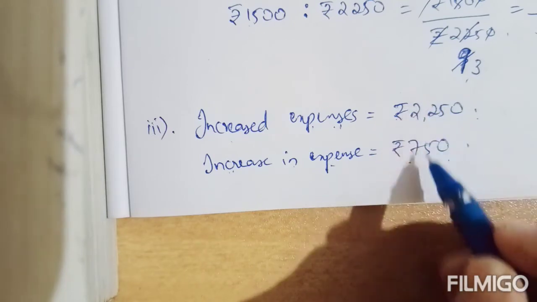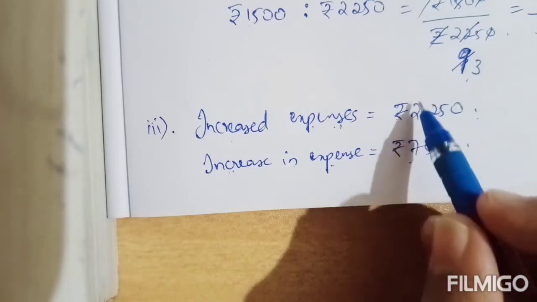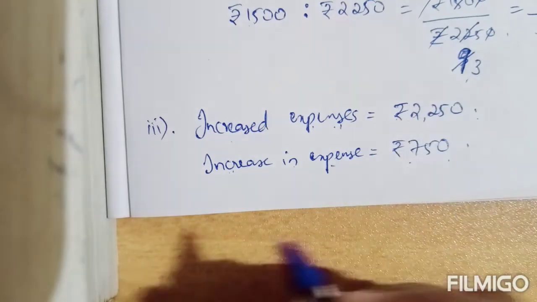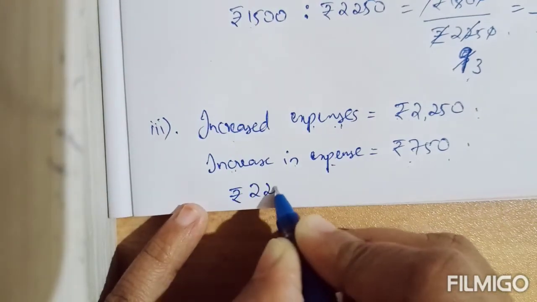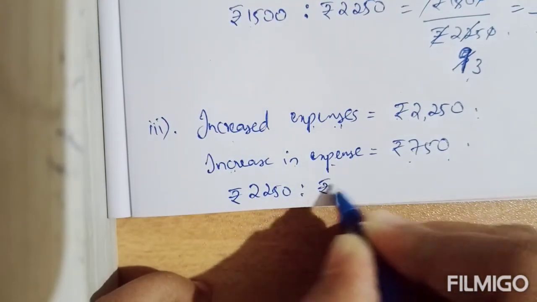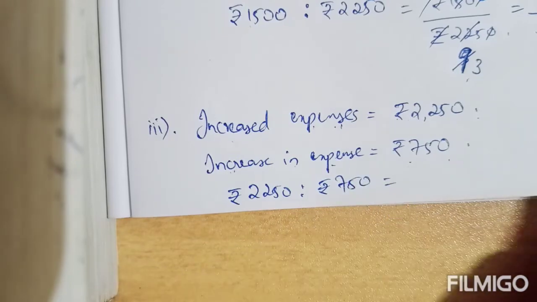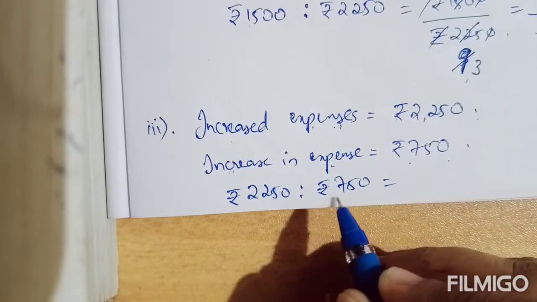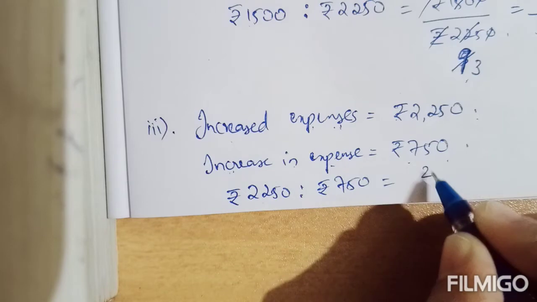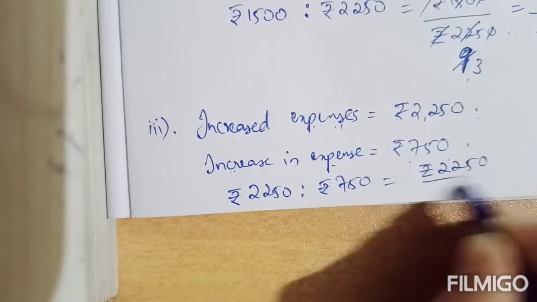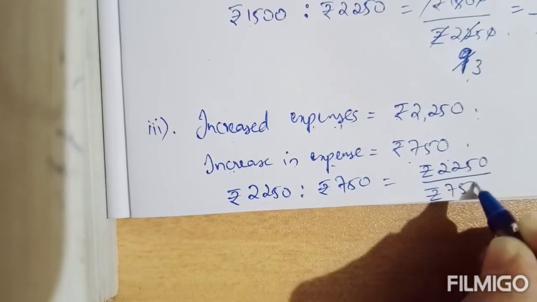We have to find these two amounts' ratio. That is rupees 2250 is to rupees 750. Now A is to B, we can write it as A by B. So rupees 2250 divided by rupees 750.